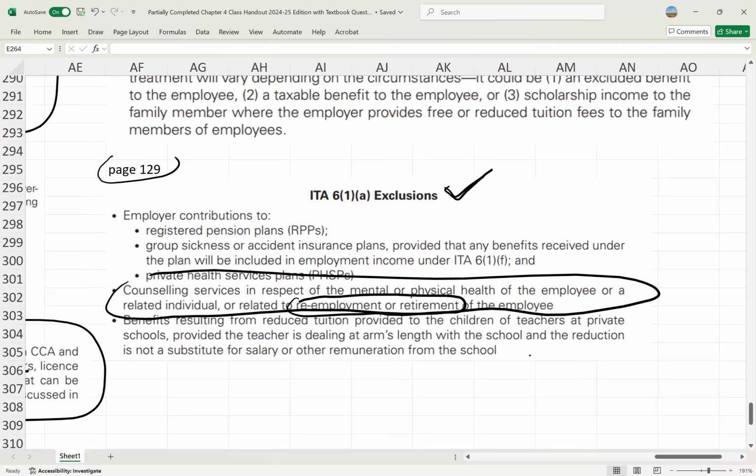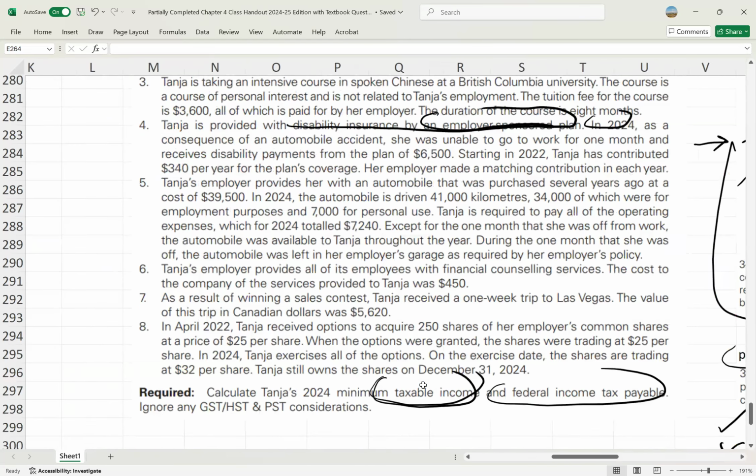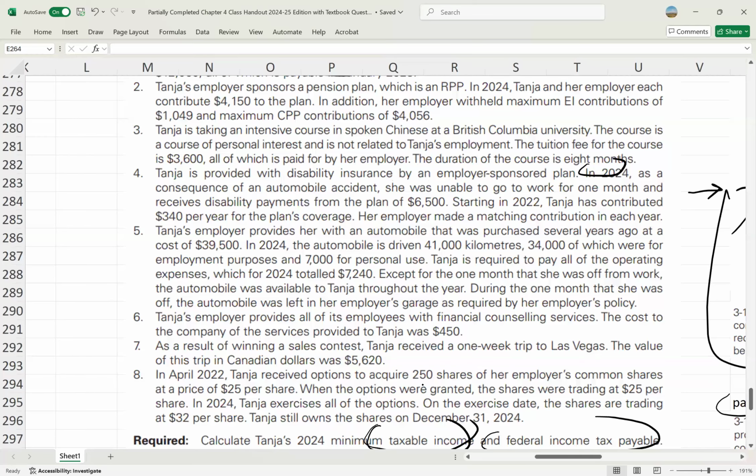But then the question is, is this retirement? I can see how some students might assume that financial counseling could relate to retirement, but because it doesn't specifically say retirement counseling, it just says financial counseling services, it's not explicit that it relates to retirement. So the question assumes that it's not retirement counseling.